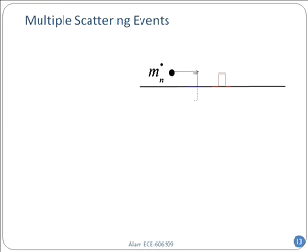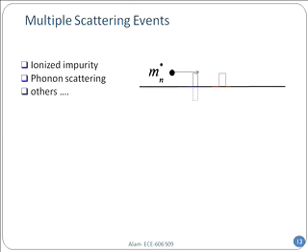So when you have, instead of one scattering, a bunch of them, then what people do is they say that the scattering rates sum up linearly as 1 over tau. Does it make sense?